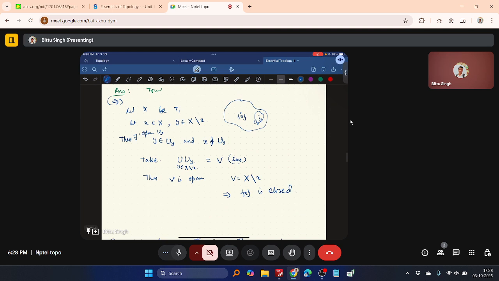Similarly, the converse is also easy to show. Suppose a singleton set is closed, so {x} is closed.